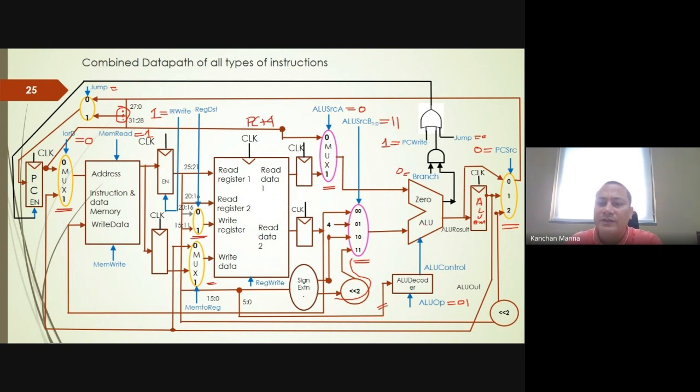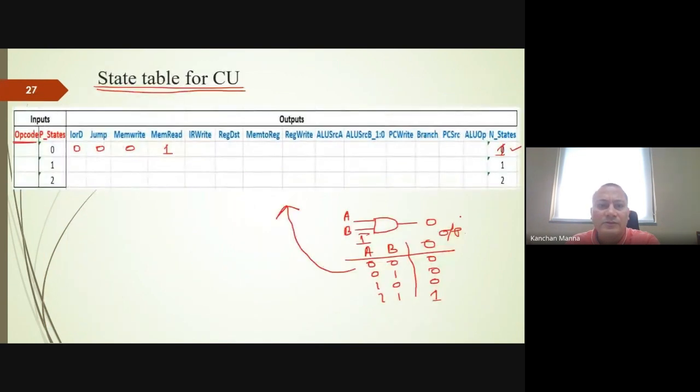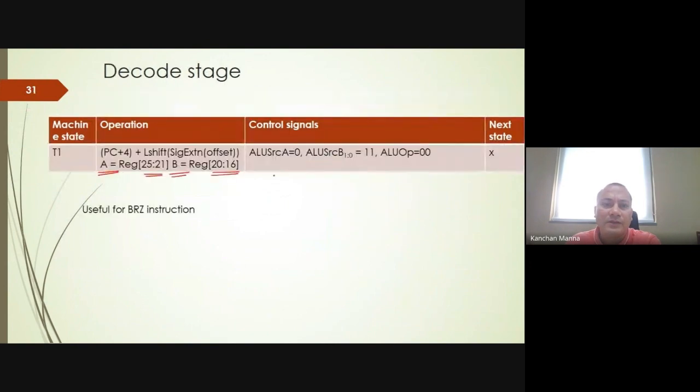And we have to provide the ALU op, and the branch address would be calculated and stored in the ALU out. So you can see here, ALU SRC A is 0, ALU SRC B is 1, 1, and for the branch address we are performing addition, so ALU op is 0. And we are performing this operation in the T1 state.